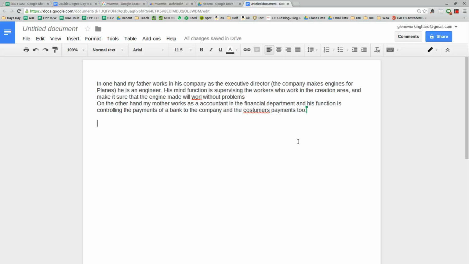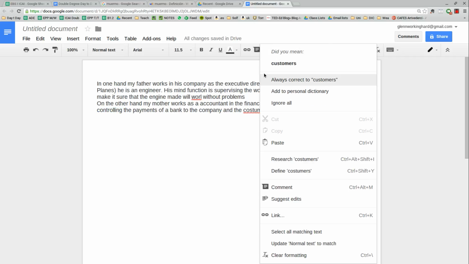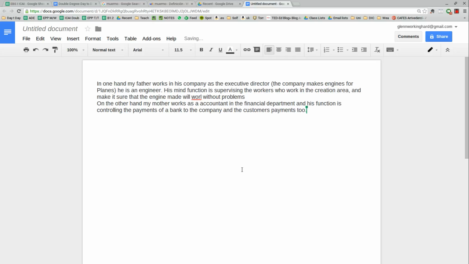Her function is controlling the payments of a bank to the company. I think probably we mean here monitoring, controlando the payments of a bank to the company. And also no, they're not costumers. They don't make costumes. They're customers' payments.